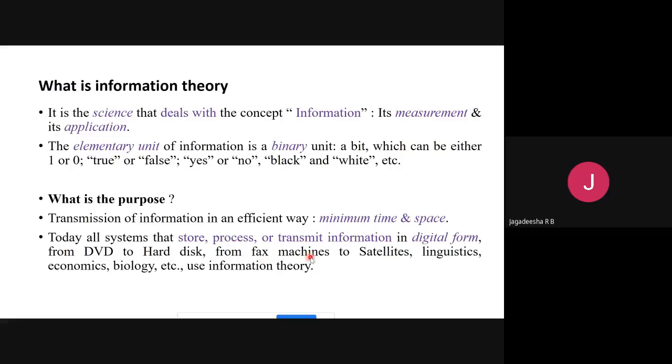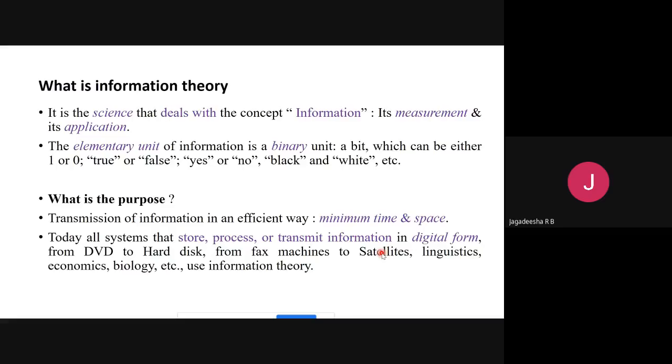Similarly, fax machines to satellites. For example, if you consider a satellite communication system where we want to transmit some information, maybe some studio video broadcast has to be sent from the ground station to the satellite, so that the satellite broadcasts that information to different regions across the globe. In that case, the information communication from the Earth station to the satellite should go through free space.